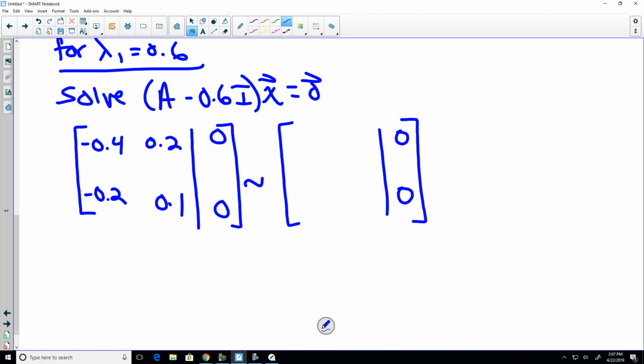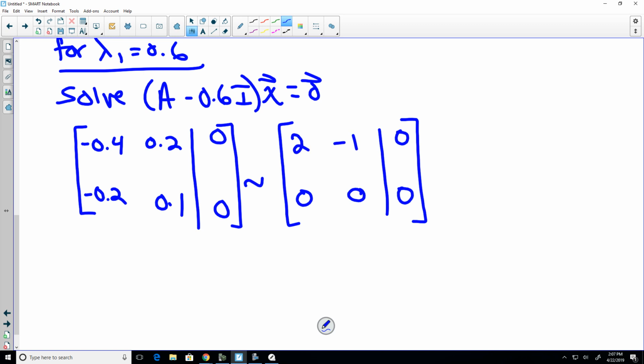Is one row a multiple of the other? Yeah. So if I multiply the second row by negative 2 and add it to the first, I'll get a row of zeros. I'll put that row of zeros at the bottom. This guy, let's multiply by -10. We get that.